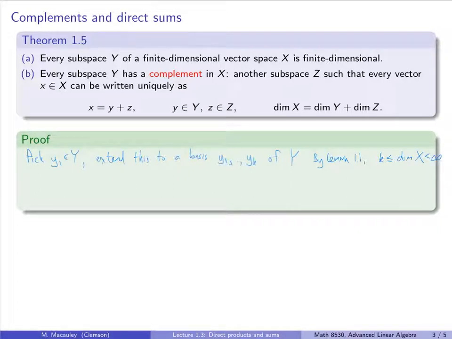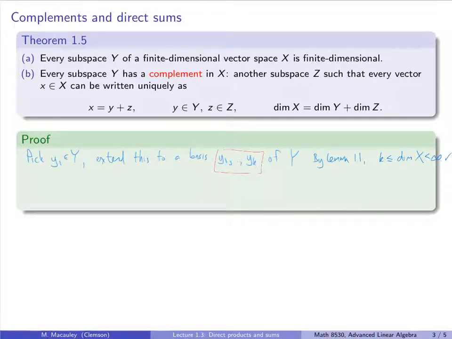So that does part A. For part B, well, we have a basis for Y, so we need to extend that to a basis for the entire space. And that's something that we have proven that we can do.